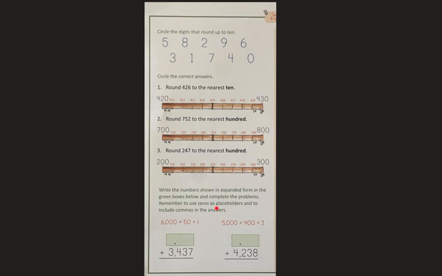Write the numbers shown in expanded form in the green boxes below and complete the problems. Remember to use zeros as placeholders and to include commas in the answers. So take this, turn it into standard form, write it here, then add.